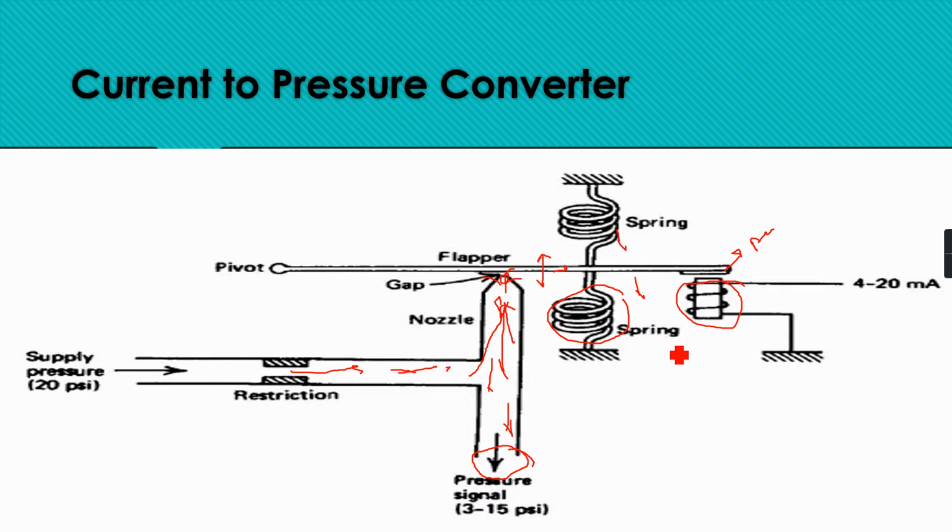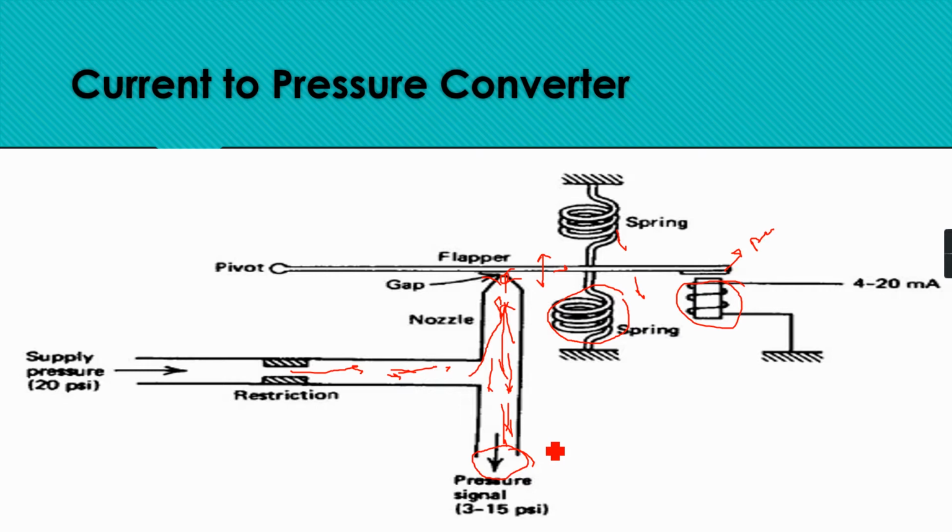When 20 milliampere current is flowing through the coil, the flapper is fully attracted to the core, and it will 100% close the opening of the nozzle. All the supply pressure given to the flapper nozzle system goes to the output side, and we get 15 psi as the control signal.